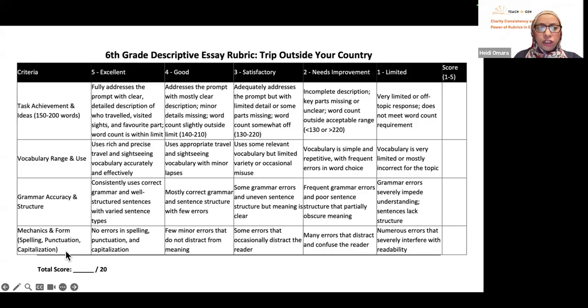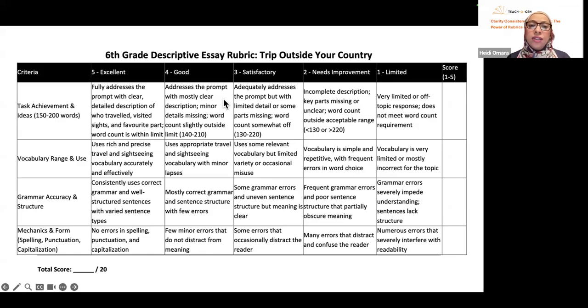The task achievement is ideas and number of words, and vocabulary range, grammar accuracy, and the mechanics, the form, the spelling, the punctuation, and so on. So here, the excellent fully addresses the prompt with clear, detailed description of who traveled, visited sites, and favorite part. And the word count is within the limit.